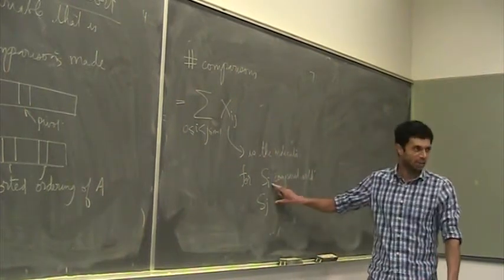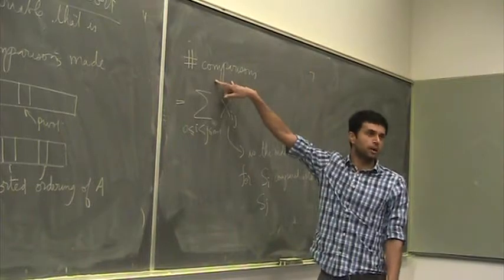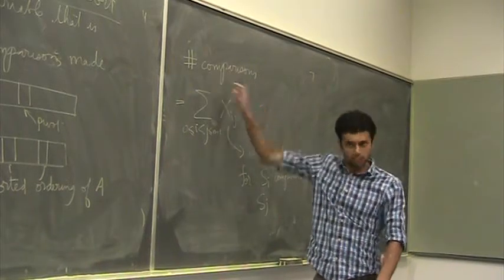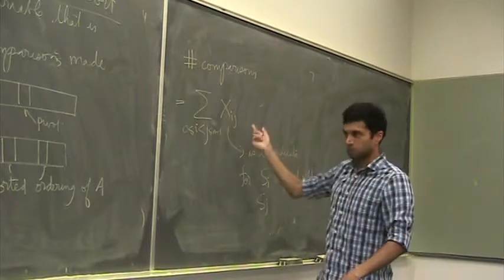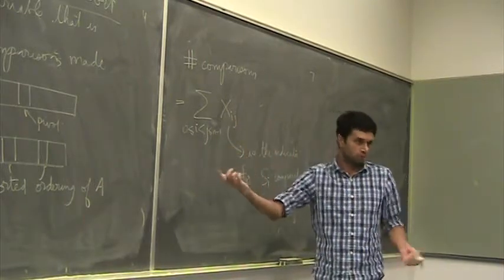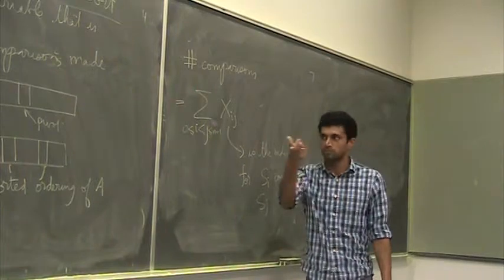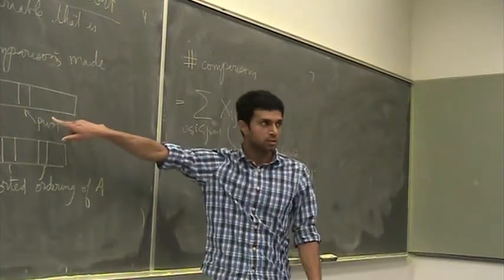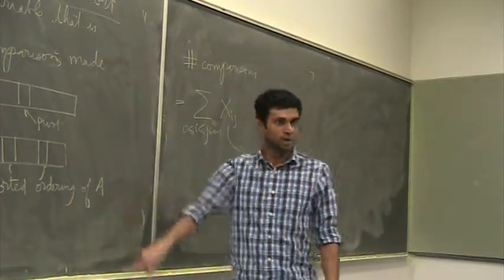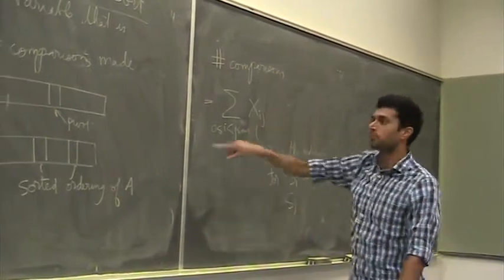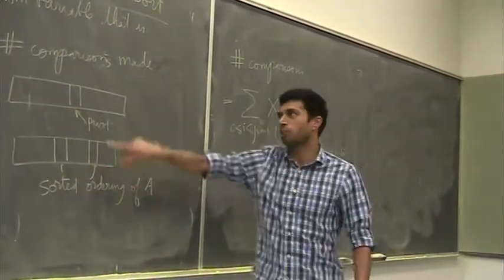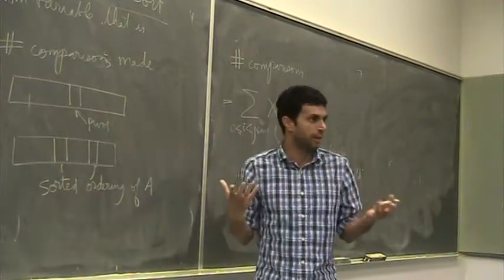So all I'm saying is, I want to understand how many comparisons there are, and I'm just going to ask for every pair ij, not with respect to the input, but with respect to the sorted order. It's all the same. For every pair of elements, is it compared or not? This is an indicator. And when I say ij, I mean whether Si is compared to Sj, not whether Ai is compared to Aj, but it's all the same.